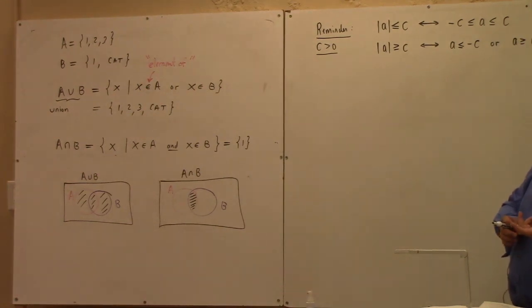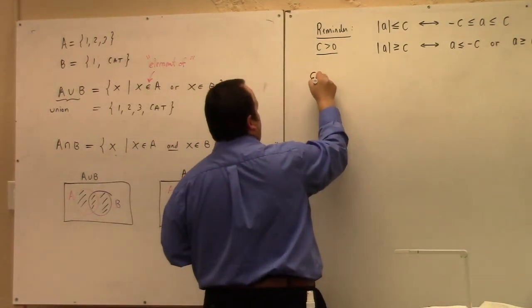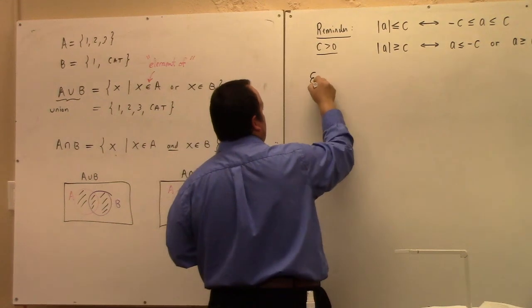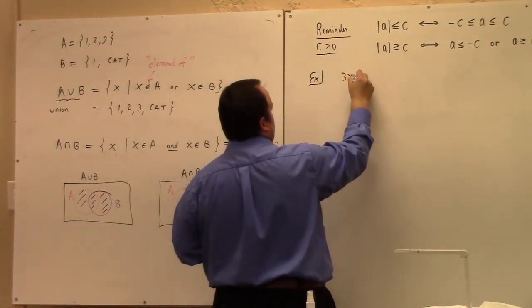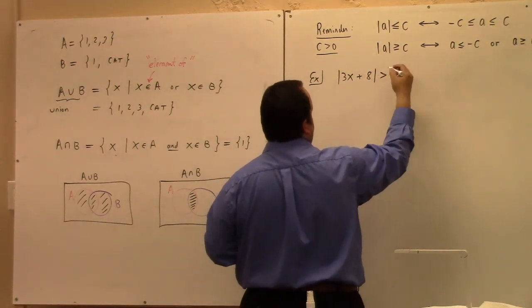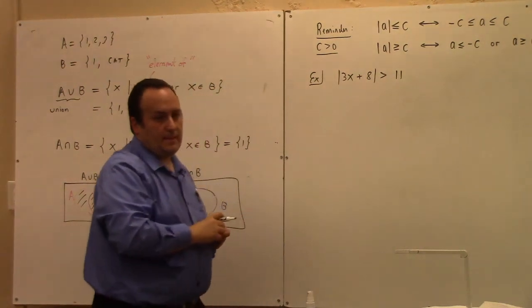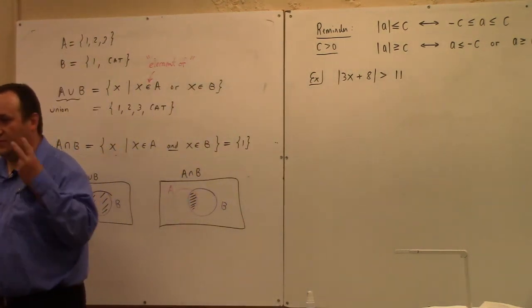I can explain why this is, if you'd like. Sure. Okay, let me do it with an example rather than this abstract A and C. Suppose we have the absolute value of 3x plus 8 greater than, say, 11. What does that mean? There are two possibilities.